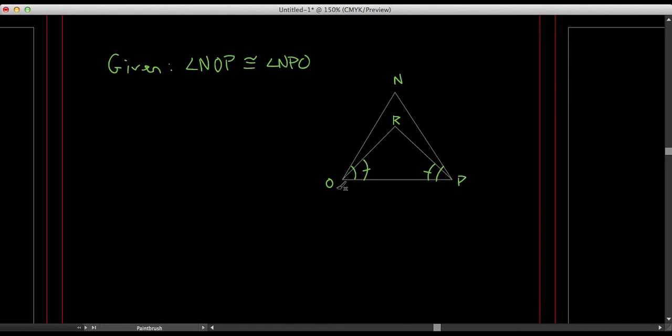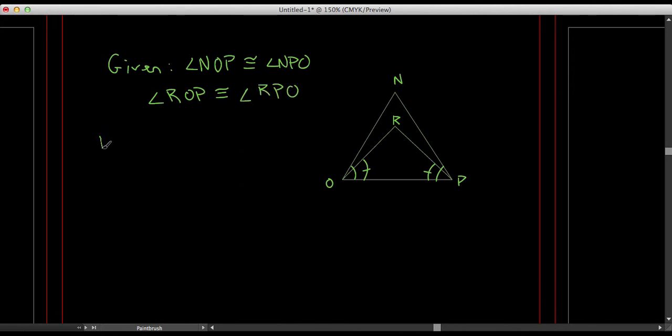Well, we're given that ROP is congruent to RPO. So let's put that. Angle ROP is congruent to, forgot the angle symbol there. It's congruent to angle RPO.